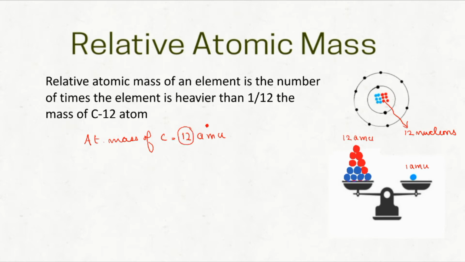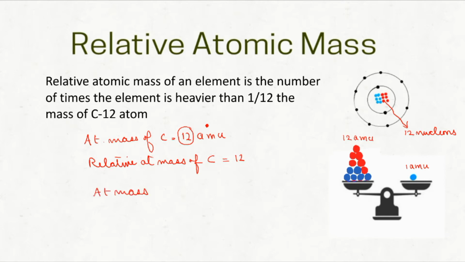So this number 12 represents how many times that carbon atom is heavier than 1 AMU. That is known as relative atomic mass. So relative atomic mass of carbon will be equal to 12.